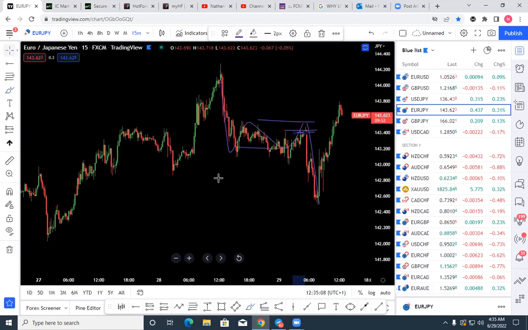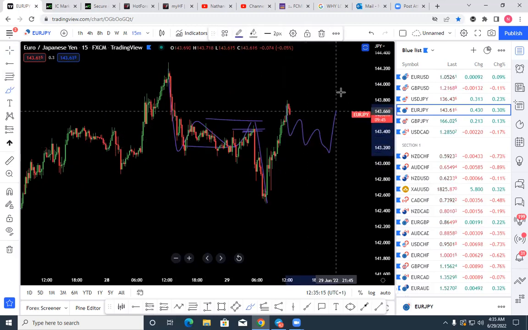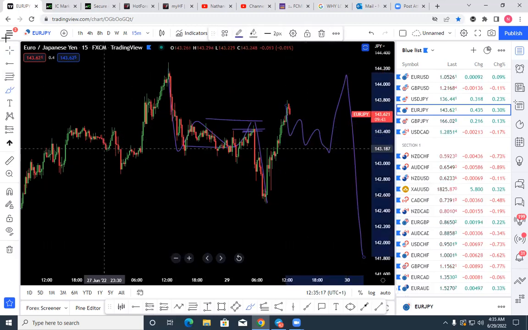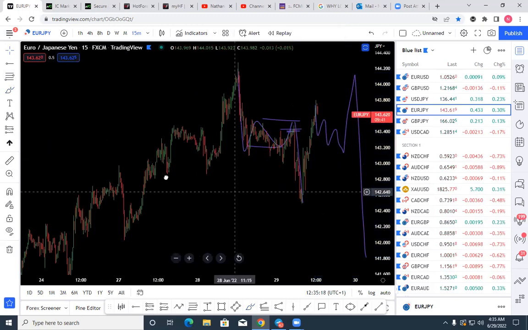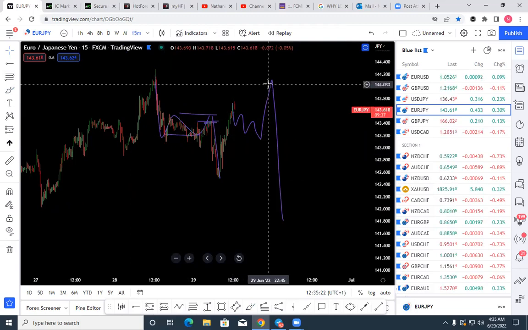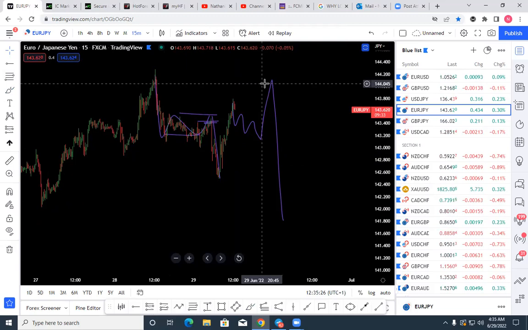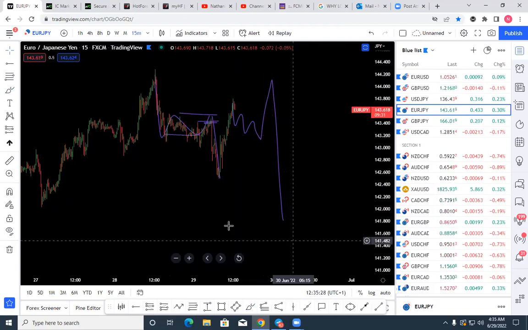So what we have to anticipate right now is a situation where you have a corrective structure here, you have a push up, then you have a push down. This push up, this corrective structure here and a push up here, will not still guarantee an entry until you have a final push down.